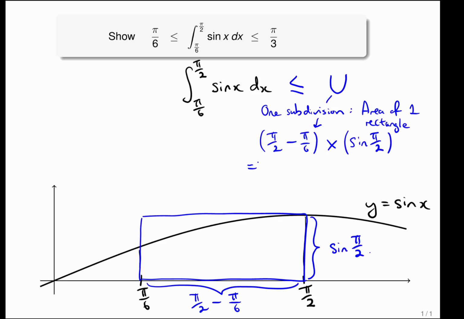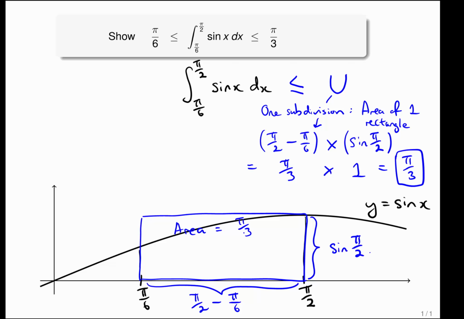Now, pi on 2 minus pi on 6 is just pi on 3, and sine of pi on 2 is just 1. Thus, the upper Riemann sum is just pi on 3. This proves that the integral is bounded above by pi on 3.